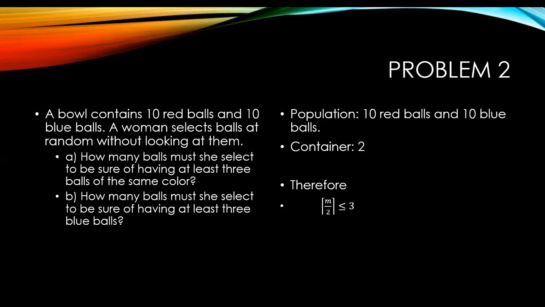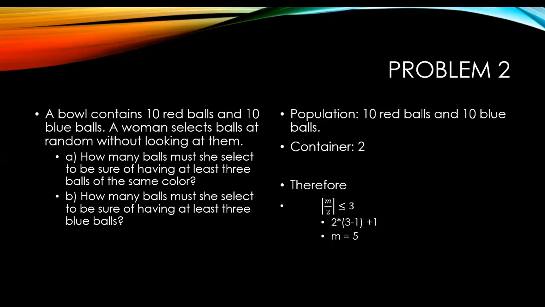Using the same approach, let's evaluate this ceiling as 2 times 3 minus 1 plus 1. The result is 5. So on the 5th ball, definitely we're going to have 3 balls with the same color. That's the worst case scenario.